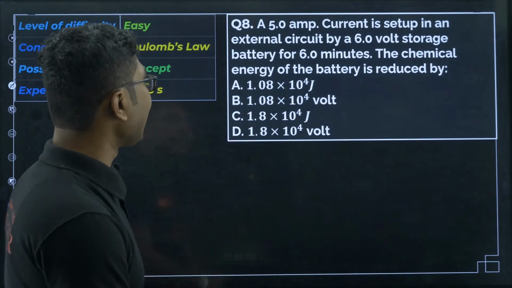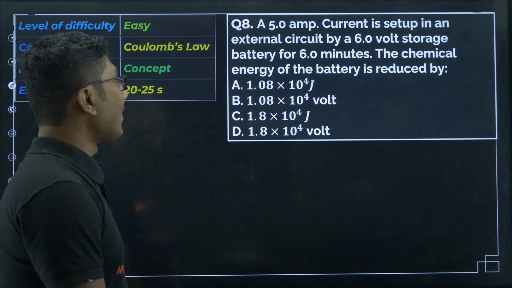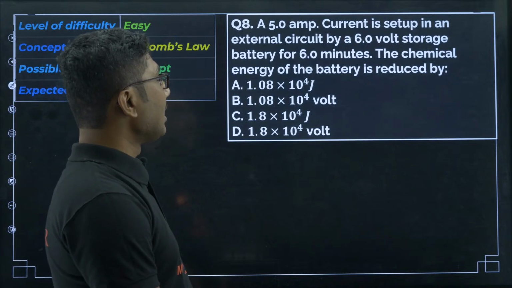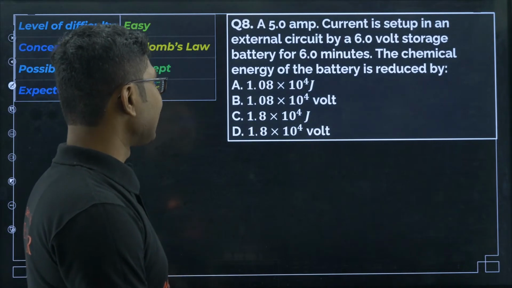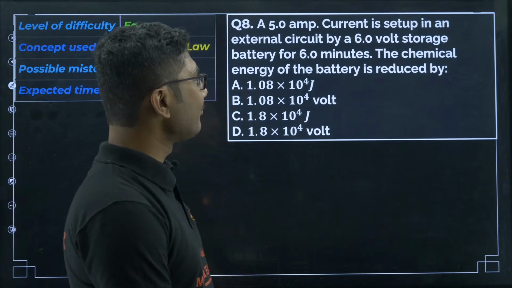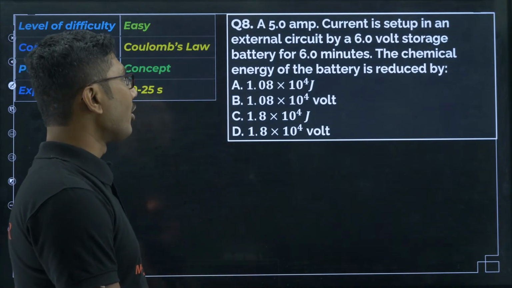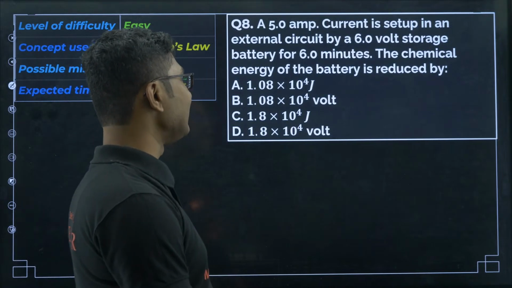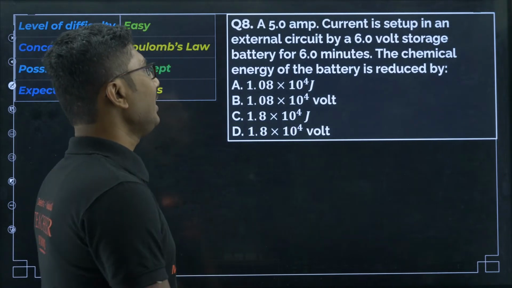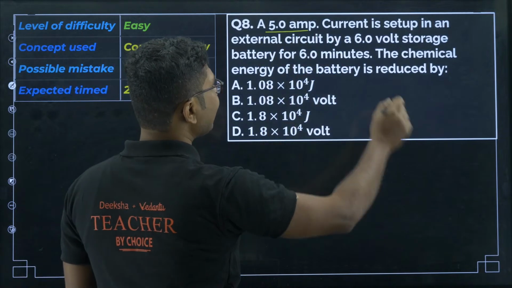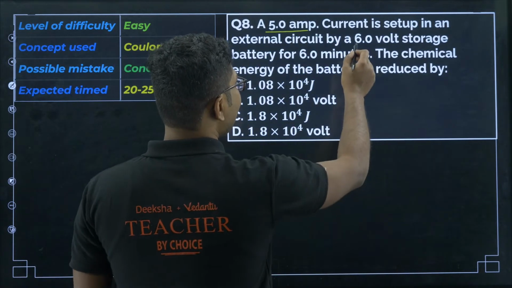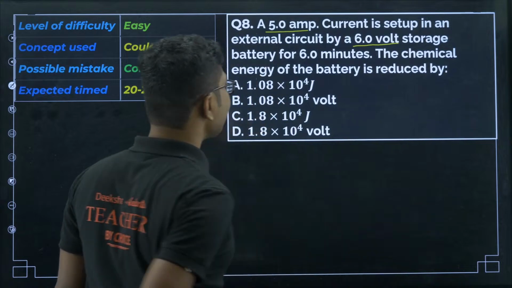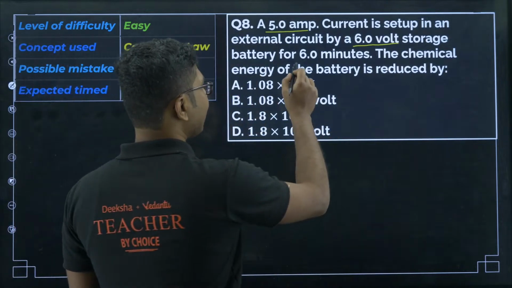Now, question number 8. A 5 ampere current is set up in an external circuit by a 6 volt storage battery for 6 minutes. The chemical energy of the battery is reduced by, okay. So the current is 0.5 ampere set up in an external circuit by a 6 volt storage battery for 6 minutes.